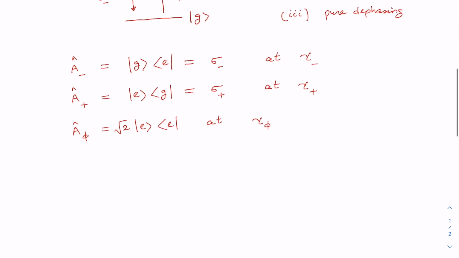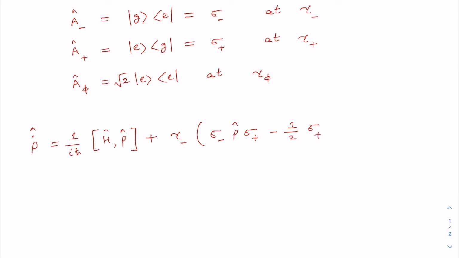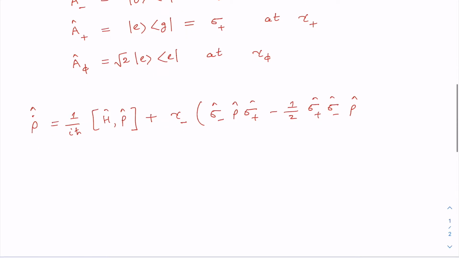Now incorporating all these things, we can write down the quantum master equation. So the master equation would be rho dot is equal to 1 by iħ [H, ρ]. I will soon tell you what the Hamiltonian H is. And let me now put up all the processes here. For gamma minus, I can write sigma minus rho sigma plus minus half sigma plus sigma minus rho, all these are operators, and minus half rho sigma plus sigma minus.